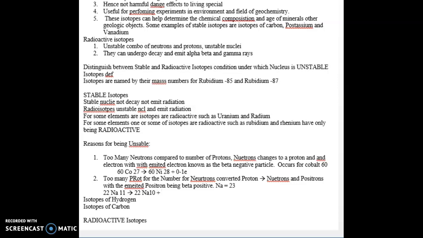As we know, we have more protons than neutrons, so we release a positron, written as 0 and 1, an electron-like particle, e.